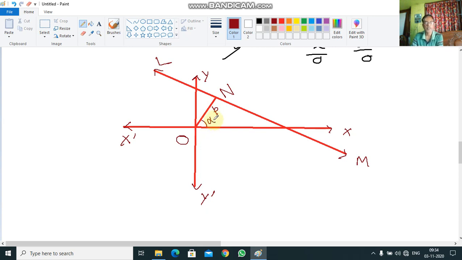From the origin O, draw ON perpendicular to LM.